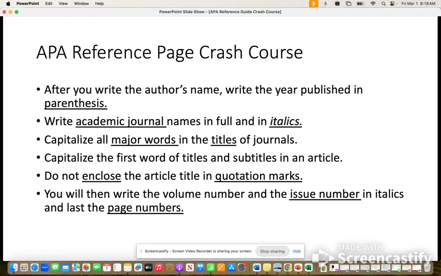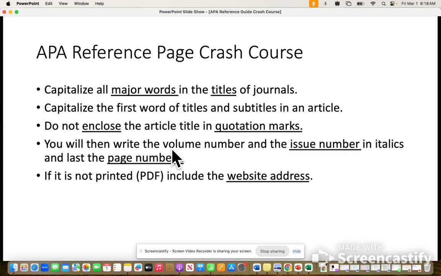And then after that, you'll put the actual page numbers that the journal used. If it is not printed on PDF, most of yours should be, some of them won't be, then you'd include the website address. If you can see it on PDF, that's the same as having it printed, so you won't need to do that. But then you'd list the website address last.